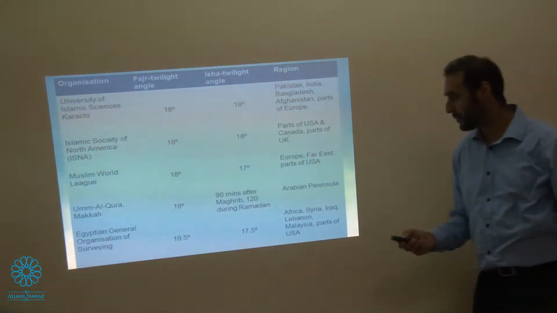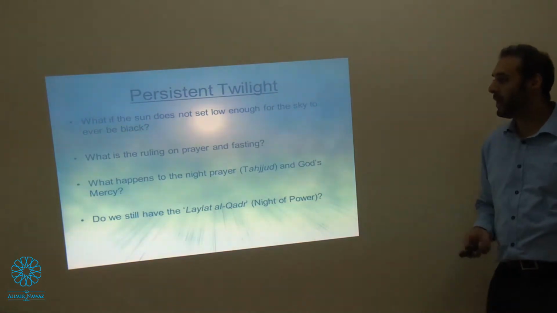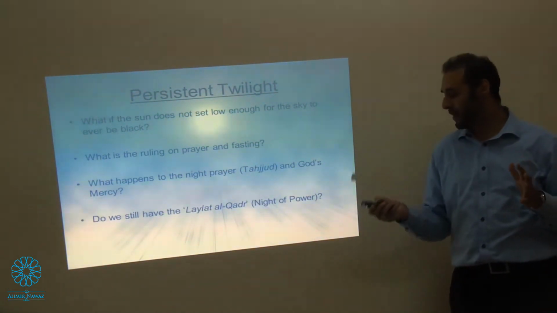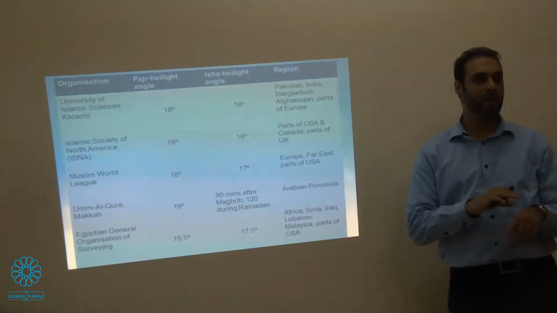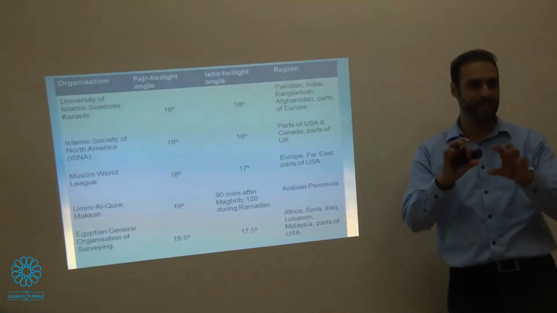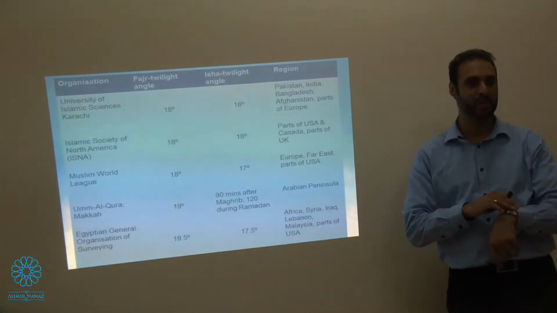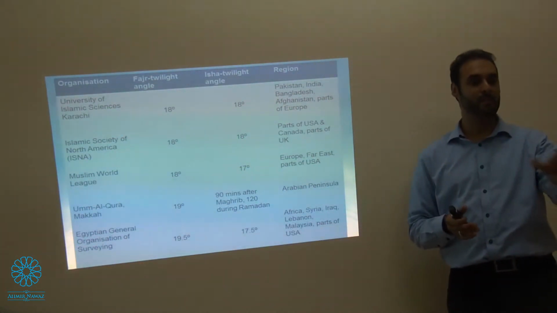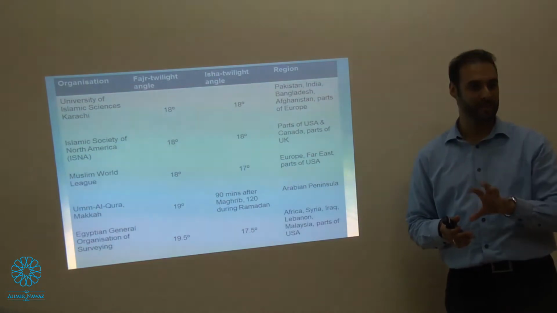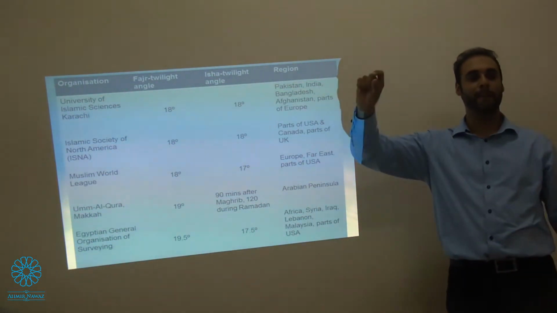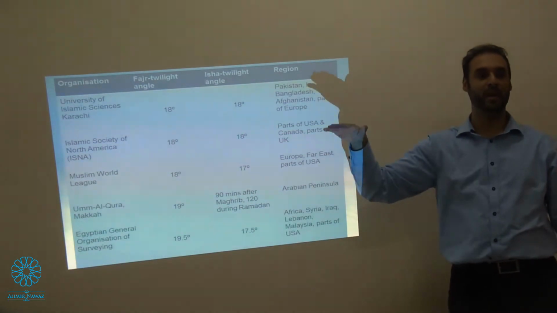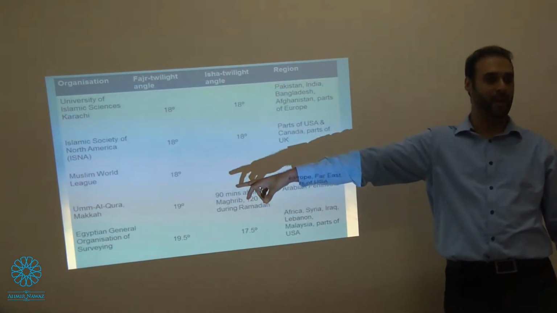So persistent twilight, what if the sun does not set low enough to ever go back? Sorry, just one thing here. You know the Islamic clocks you have, or the watches you get, if you look in the instruction manual, or if you go to the internet and find a prayer timetable, you can actually choose your solar depression angle, or you can choose which university you want to align yourself with.